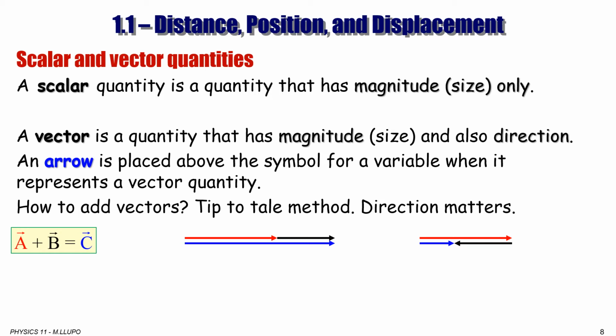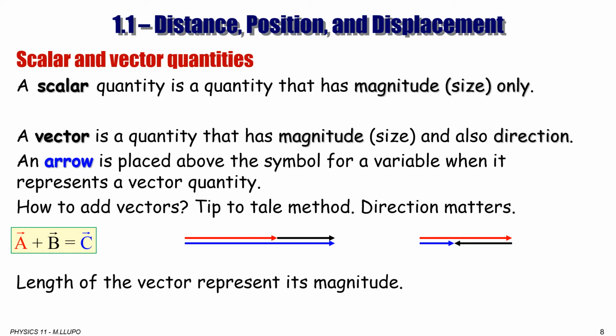If you see very clearly, vector C, which is the sum of vector A and vector B, is totally different in both cases. It's different because now we are adding vectors, not just adding numbers. The length of a vector represents its magnitude. That means by looking at those two vectors A and B, for example, we know for sure that the magnitude of vector A is bigger than the magnitude of vector B. Why?